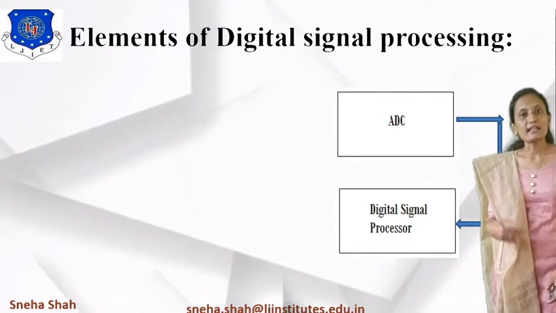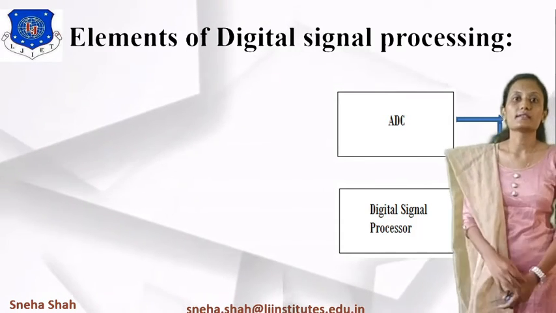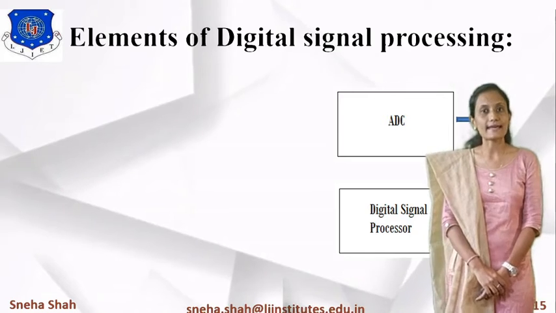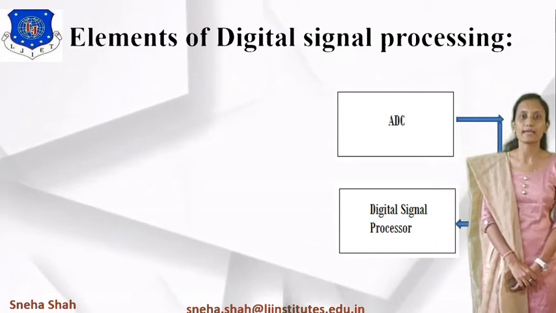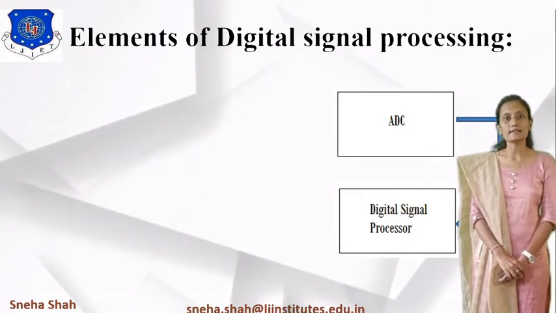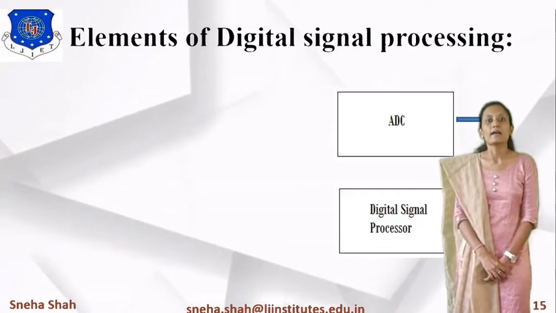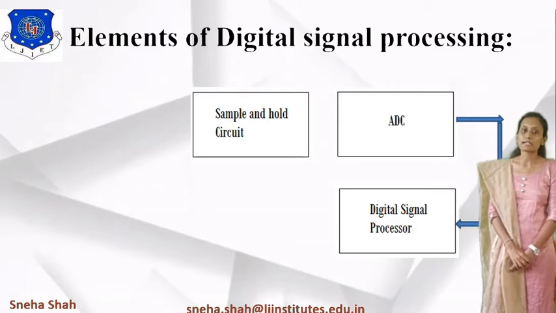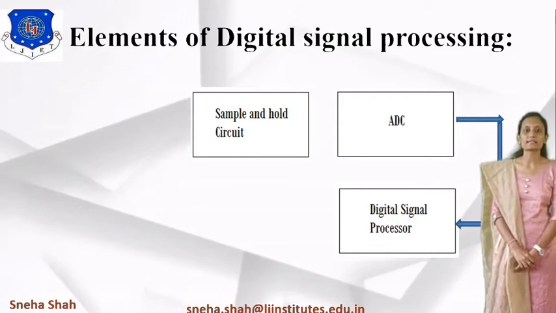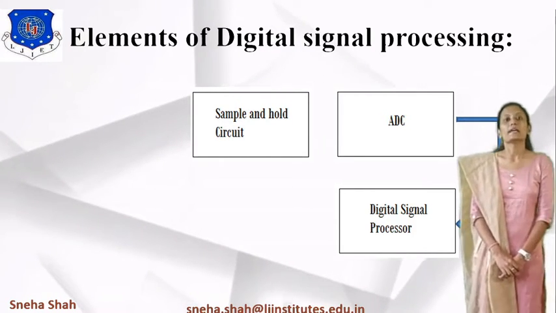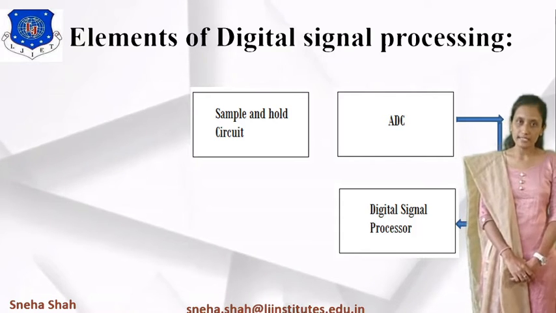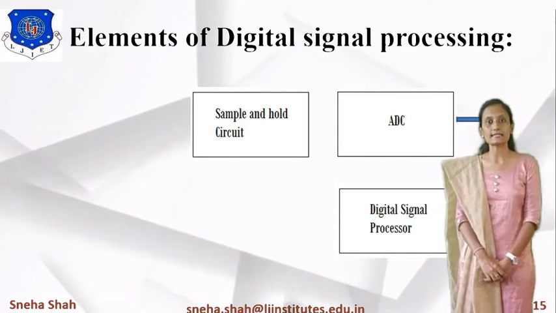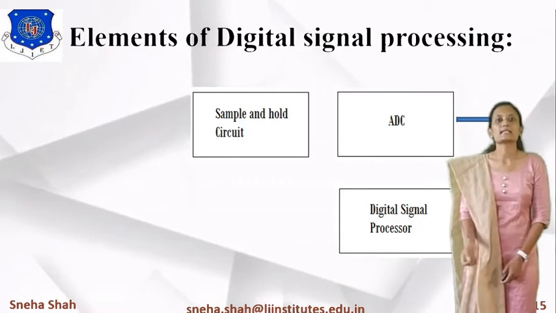But an analog signal can't be converted to digital directly. For that, first we have to do another process, which is sampling. For that we use a sample and hold circuit. What is the function of the sample and hold circuit? It converts the original continuous time signal into a discrete time signal by taking samples.